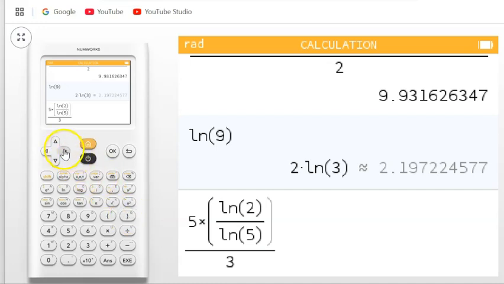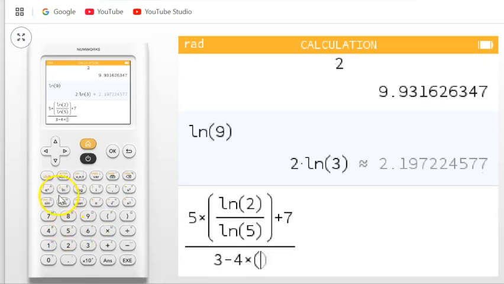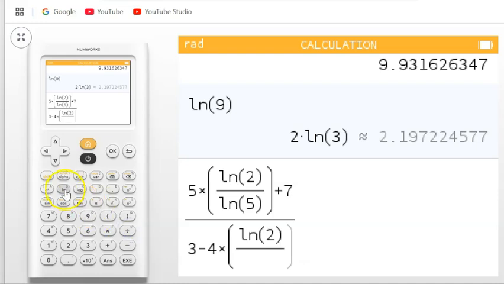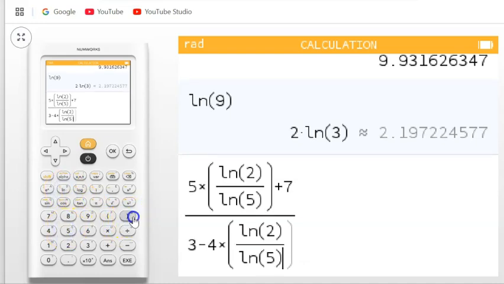Then I'll close this one off, then plus 7. Down here we'll do 3 minus 4 times, parenthesis, natural log of 2 divided by natural log of 5. And this is the whole thing. You can go back and look at your notes, and this is exactly what we had.